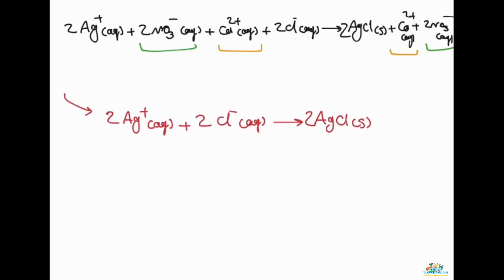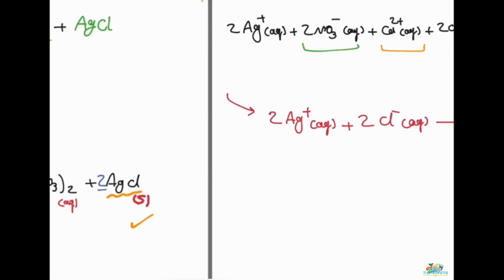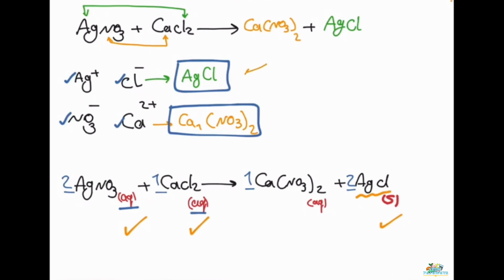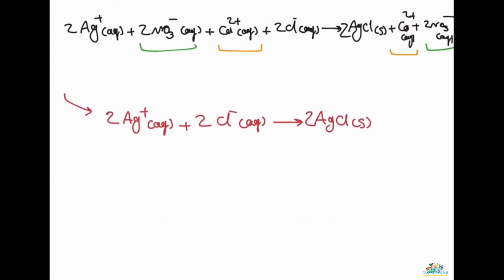For a precipitation reaction, we should know how to write the net ionic equation. What does net ionic equation mean? For writing net ionic equations, first of all, we have to write whatever we have separately here, like Ag, Cl, NO3, and Ca, in ionic form. It means with their charges and their phases.